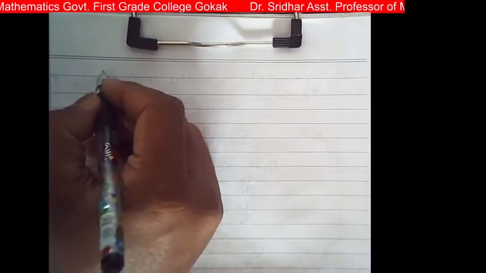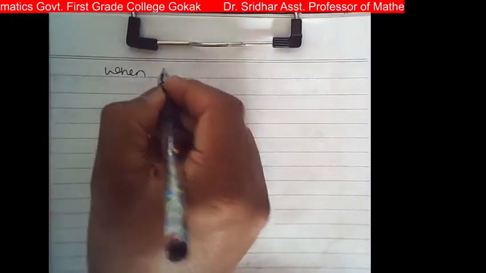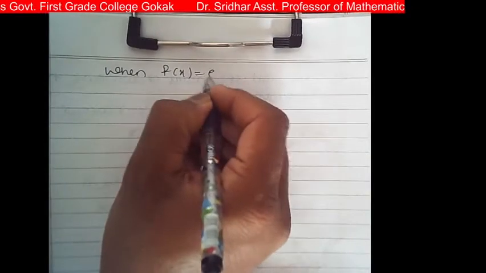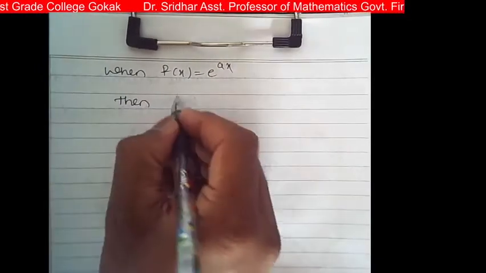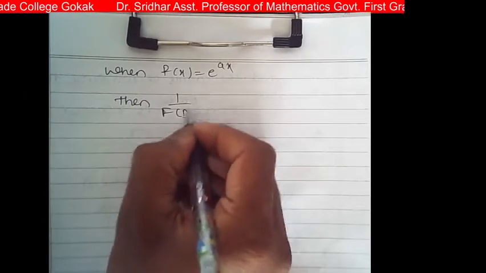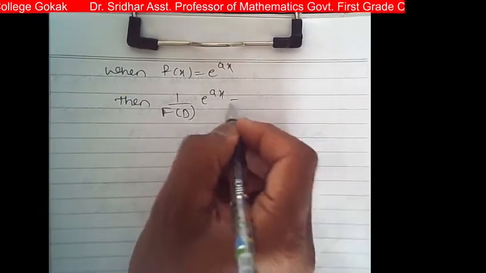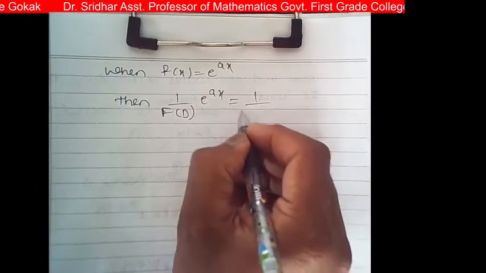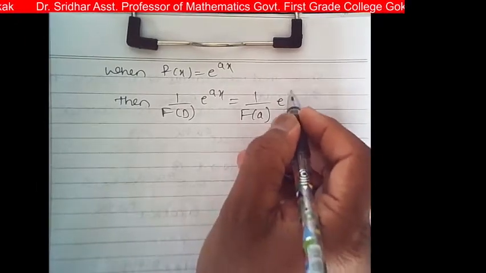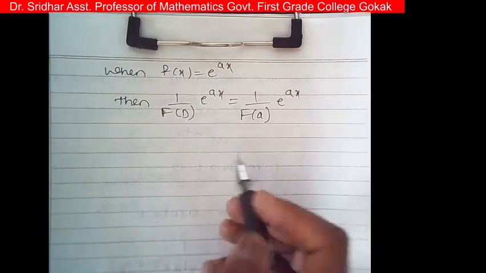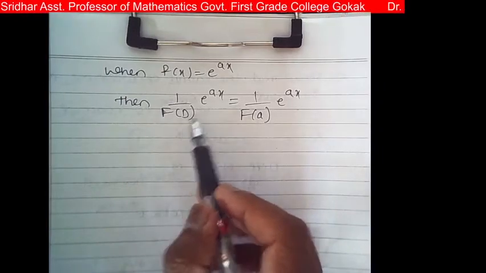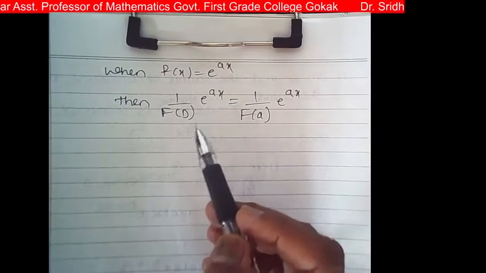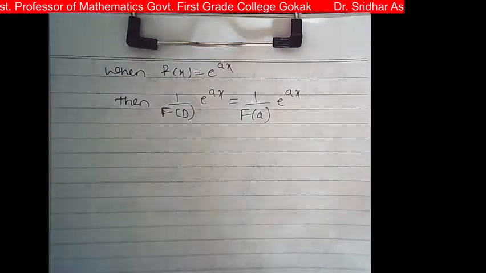When f of x is e raised to ax, then 1 divided by f of D of e raised to ax is nothing but 1 by f of a, e raised to ax. Okay, so it means you have to replace D by a. In the same way we have done here.